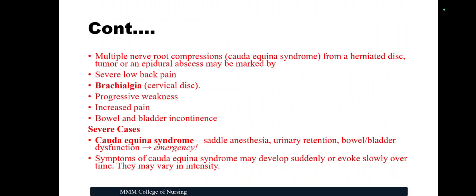In severe cases, cauda equina syndrome may occur, with saddle anesthesia, urinary retention, and bowel or bladder dysfunction, which needs emergency treatment. The symptoms of cauda equina syndrome may develop suddenly or evolve slowly over time and may vary in intensity.